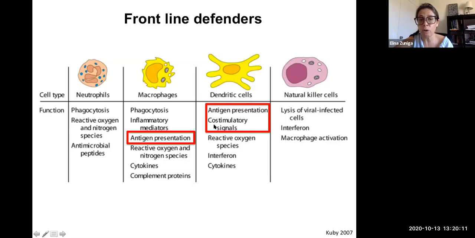And dendritic cells, we also said that they are very important antigen-presenting cells, and we'll learn more about that. Not only do they have MHC molecules, but they also have constitutive expression of co-stimulatory signals that are important for activating the naive T cells and initiating the immune response, and we'll learn more about that.